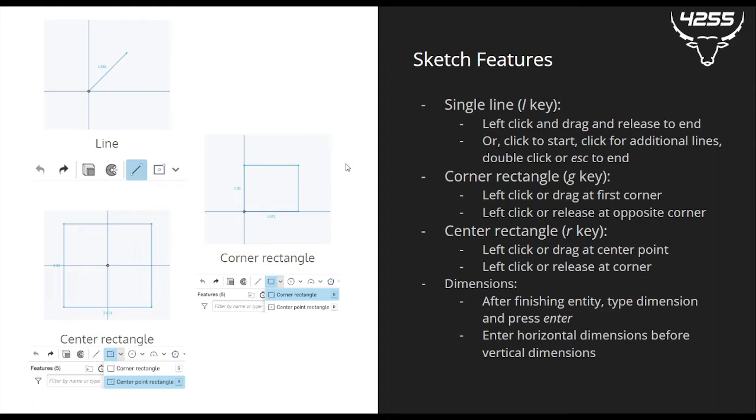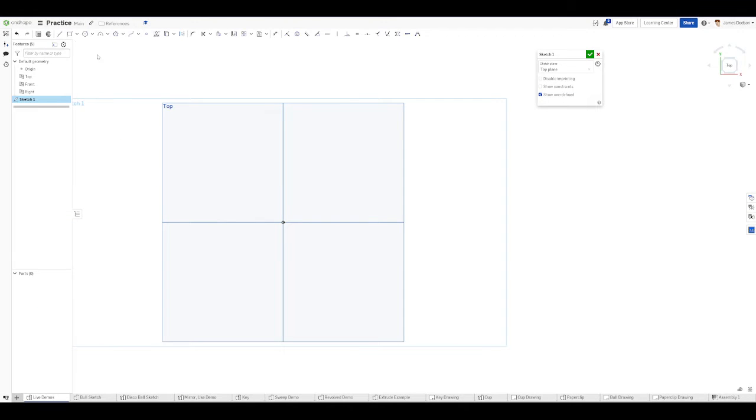So you can either click once at one corner, click once at another corner, or just click and then release when you're done with it. I'll demonstrate that one. Up here, here's your corner rectangle tool right next to line. I can either click that, or I can click G. It starts my rectangle. And then I click once for point 1, click again for point 2, there's my rectangle. Or I can click and drag to create a rectangle like that. So super simple tool.